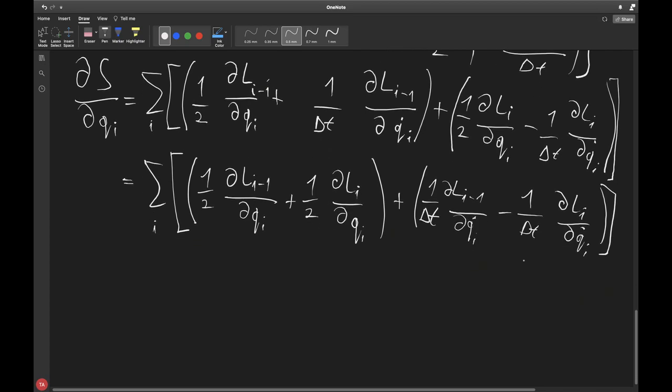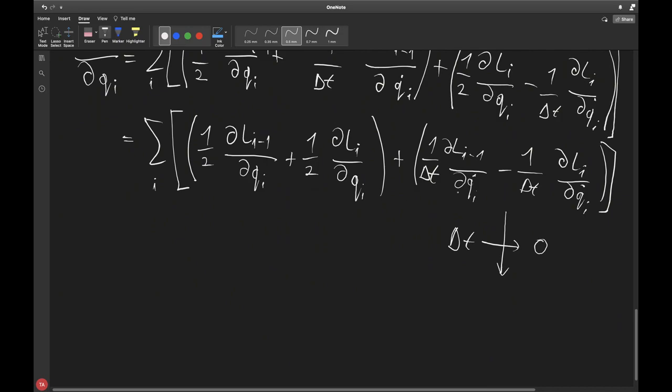Okay, so what do we see here actually? If we change back and say that delta t goes to 0, this is actually a derivative by time, by t, of this L function. So actually a minus derivative, because we have L minus 1 here, and in the definition of the derivative, we need to have the second thing first.